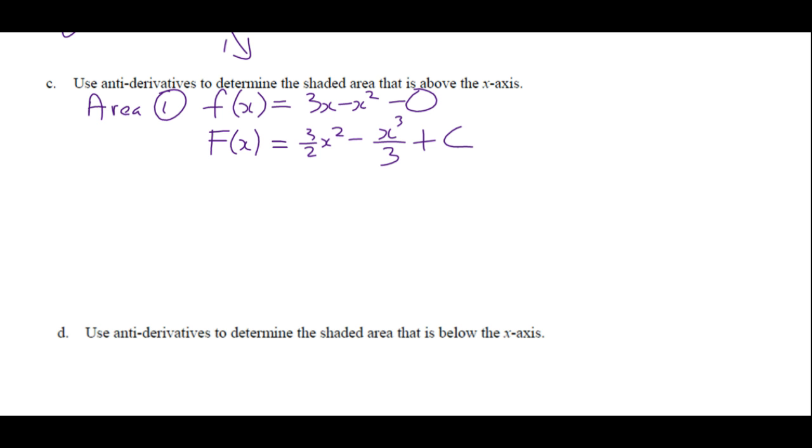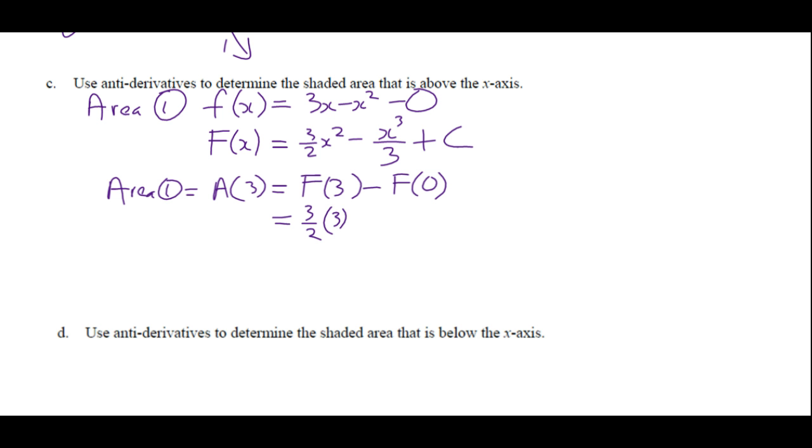So the area we want, area 1, which will be A of 3, will be F of 3 minus F of 0, which is 3 halves, 3 squared, minus 3 cubed over 3, minus 0.